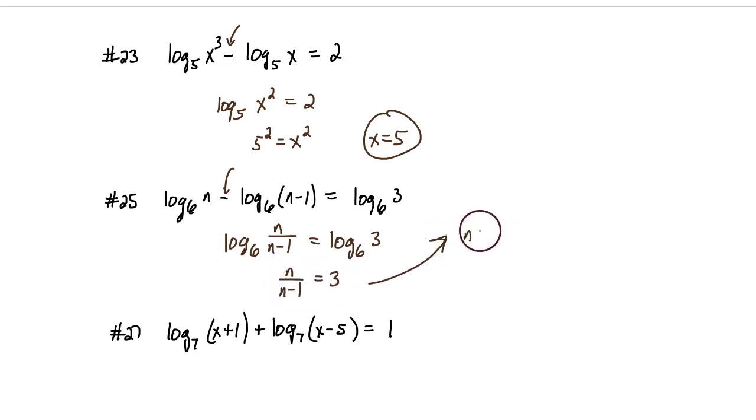Then multiply the n minus 1 to the right side, getting 3n minus 3. Now subtract n, getting 0 is equal to 2n minus 3. Add the 3 to the other side, then divide by 2. So 3/2 is equal to n.